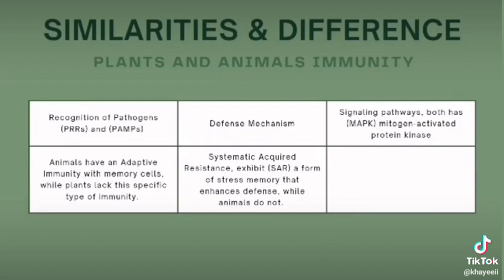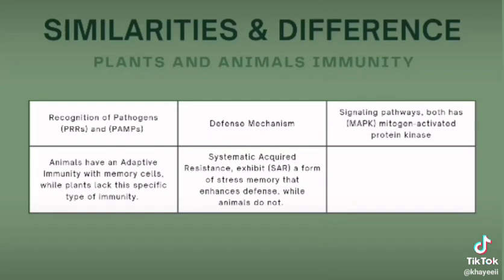The comparison between plants and animal immunity. Let's first discuss the similarities between plant and animal immunity. Number one, we have the recognition of pathogens.